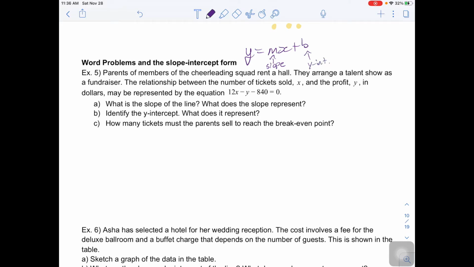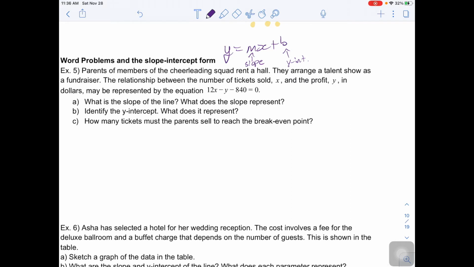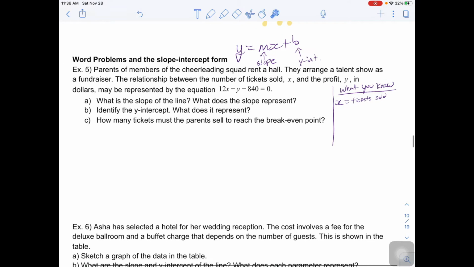So what I suggest doing with word problems is, first of all, list off what you know. So what do I know here? Well, I know that x is the number of tickets sold. And then y, I know, is in dollars.